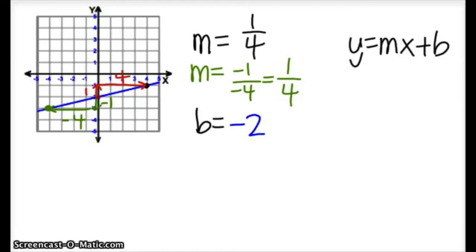So don't be scared as to what point you're supposed to pick, just pick one. So I'm going to substitute my values in, and my m value is 1/4. My b value is negative 2. So y equals 1/4 x minus 2.